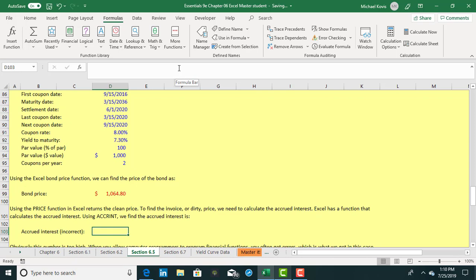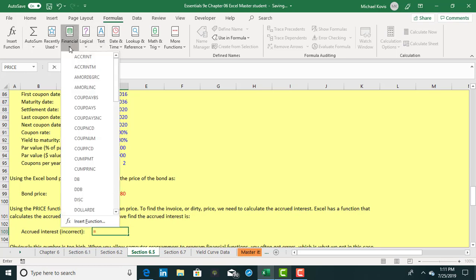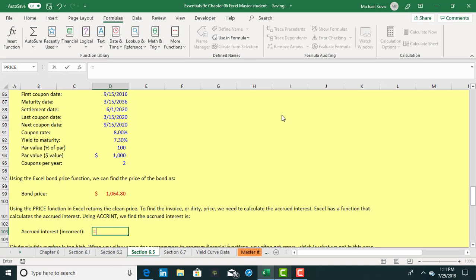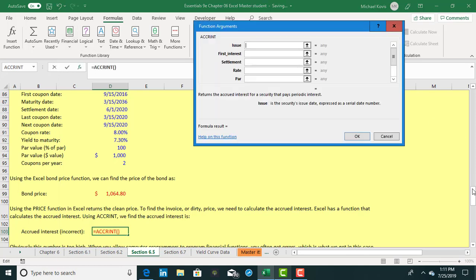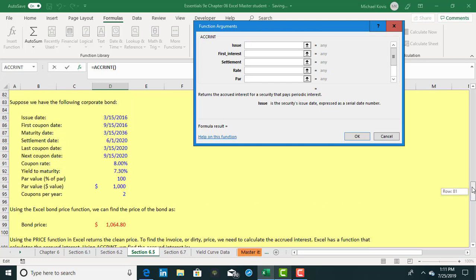We need to plug in the frequency. We'll plug in the basis and calculation method. So logical value, accrued interest from interest date true, calculate from last coupon payment false. So we want to calculate from the last interest payment. And we get our interest.